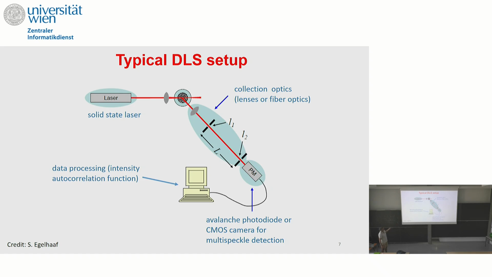This is how a typical light scattering setup looks like. You have your laser, you have the sample, and then you have some collection optics. This is not very important. It's just to feed the scattered light at some well-defined scattering angle to a detector, which can be a single-point light detector like a phototube or avalanche photodiode, or a 2D detector like a CMOS camera, the same kind of camera that you have in your cell phone.